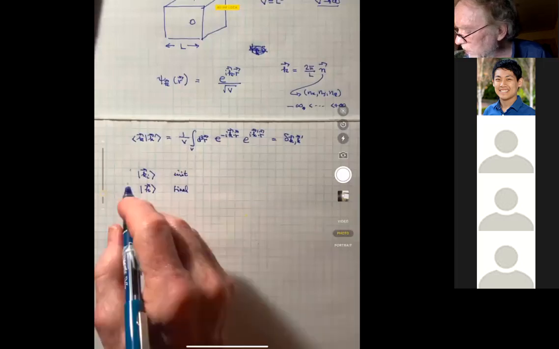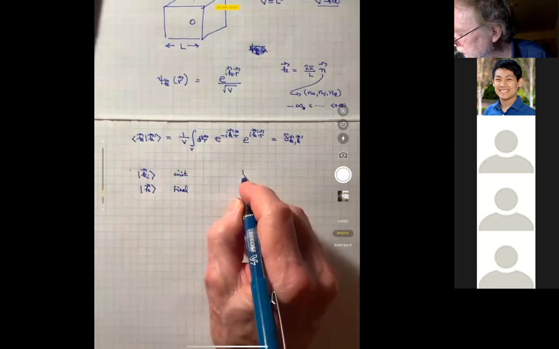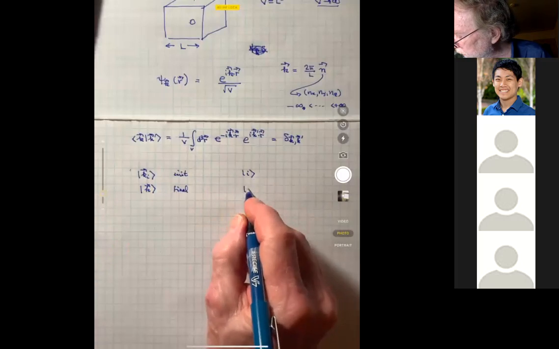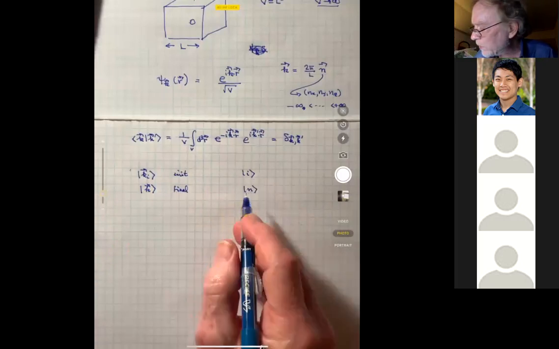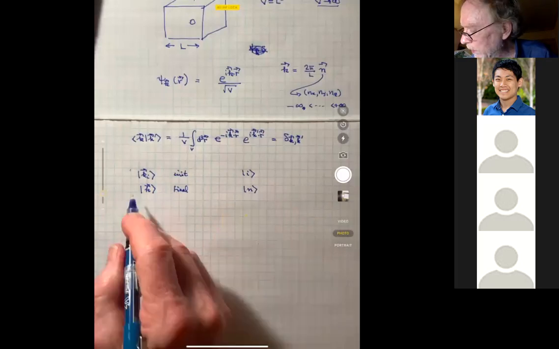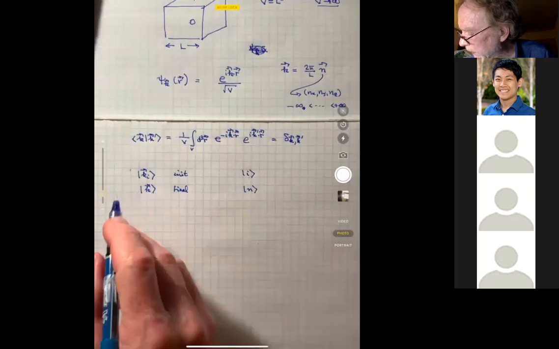If we compare this to the general formalism I gave you for time-dependent perturbation theory, the initial state is like what we called i previously, and the final state is what we called n. We use the symbol n for a variable final state in the general formalism of the Dyson series. Here we need to identify this with wave vector k. Likewise, i is identified with k sub i.